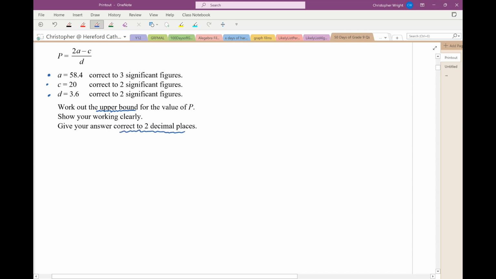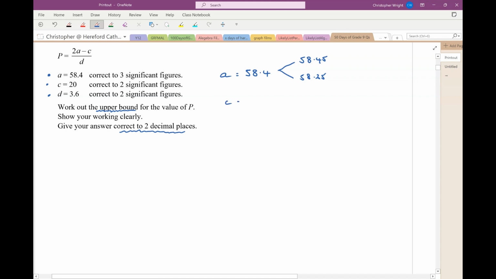Generally, with a question like this, before you do any more thinking, simply work out the upper and the lower bound of each of your variables. So A is 58.4, and that's correct to 3 significant figures. So my upper bound is going to be 58.45, and my lower bound 58.35.